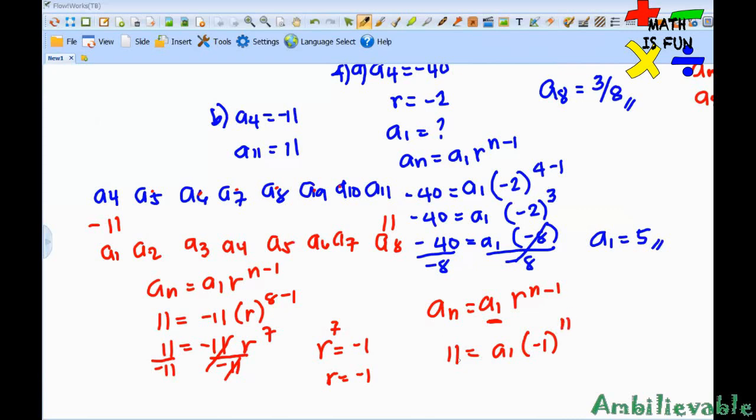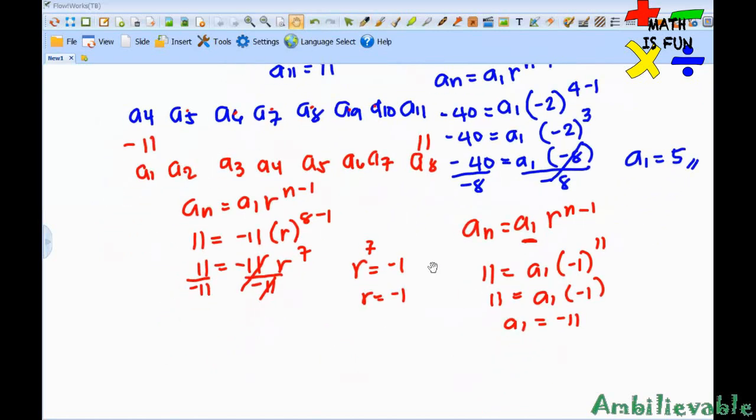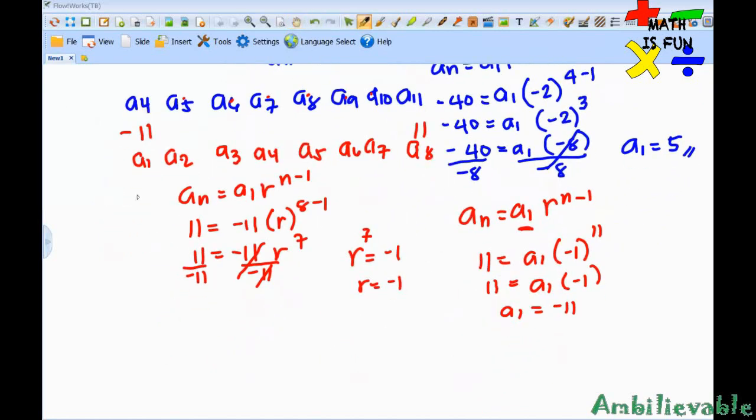So therefore, we have 11 equals a sub 1 times negative 1. So a sub 1 is negative 11. It alternates only: negative 11, then 11, then negative. So a sub 1 is negative 11 because our r is negative 1. Okay?